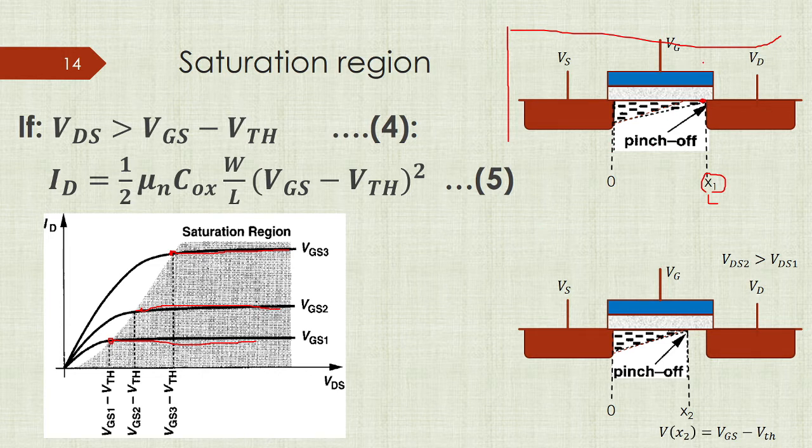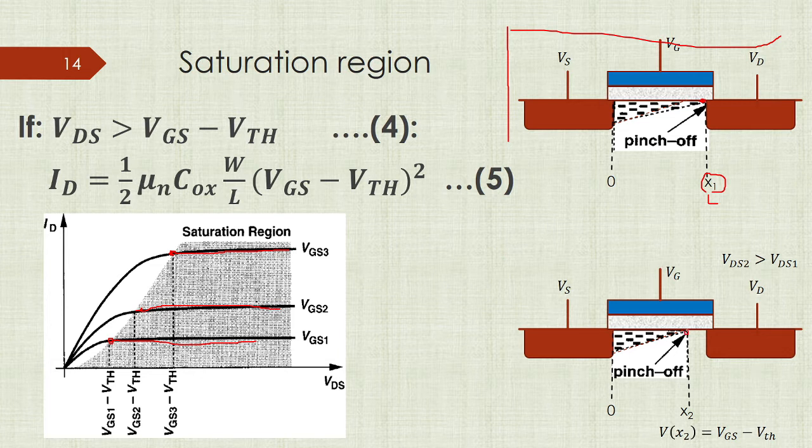But what happens if, from this point, we still increase the drain source voltage? If we increase the drain source voltage, then this pinch off point will finish earlier, as you see in the second graphic.